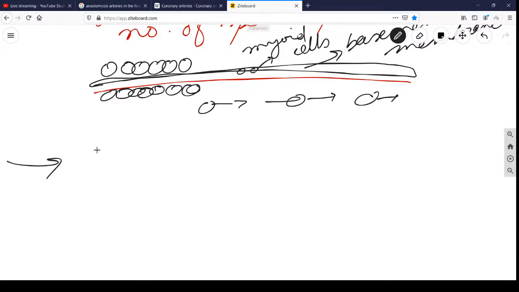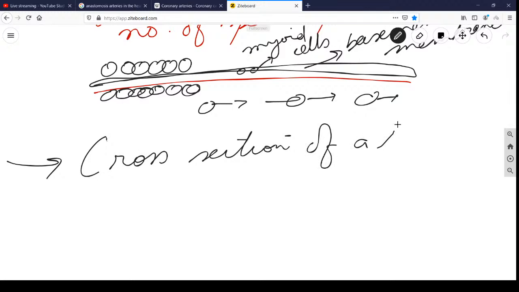If you go for a cross section of a testis, what you have are closely packed seminiferous tubules and tissues occupying the spaces between these tubules.